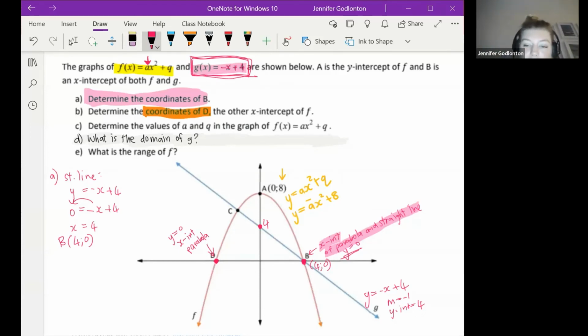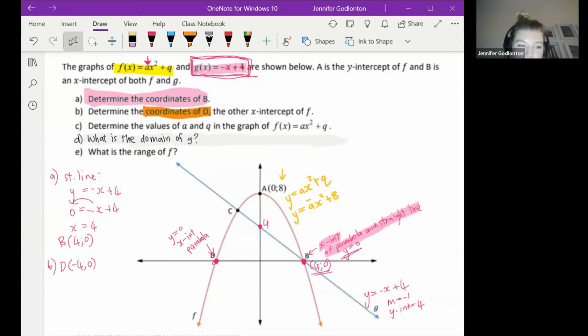So if my coordinates for B are 4 and 0, what are my coordinates of D? Great. Because it's symmetrical, if B is 4 and 0, then D will be negative 4 and 0.